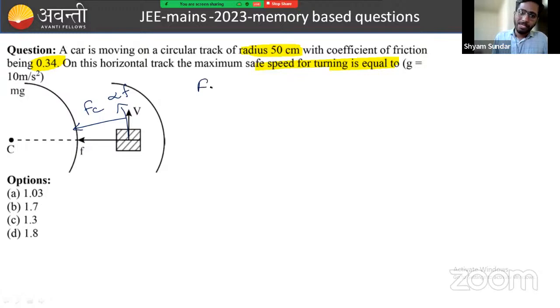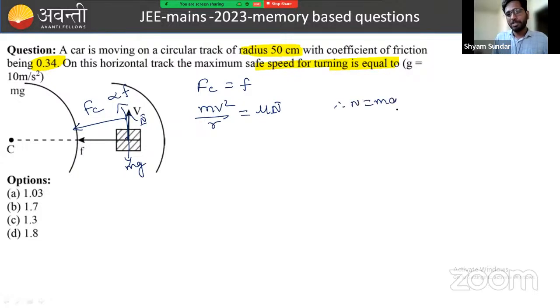Now centripetal force is equal to frictional force. Centripetal force will be mv square by r, and frictional force will be equal to mu into N. The normal force N is balanced by mg. Substitute N equals mg in this equation.